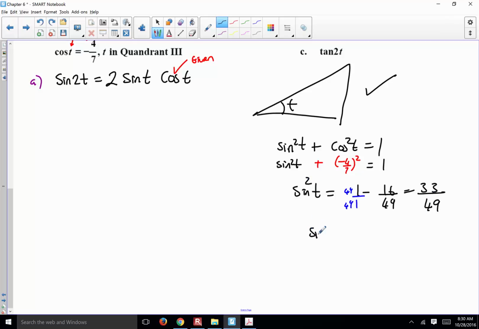So sine t is the square root of 33 over 49, am I right? Or root 33 over 7, because I can take the square root of 49 as 7. And we are all set.